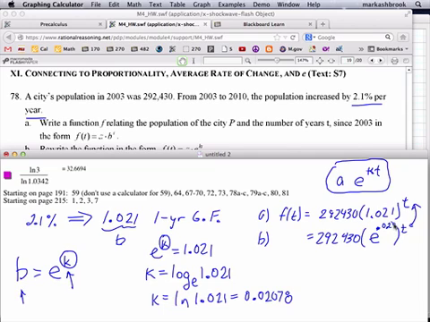I'm just going to round it up to 0.208. So what's the continuous rate? The continuous rate is 2.078% versus 2.1%.